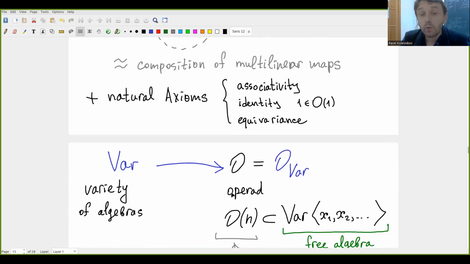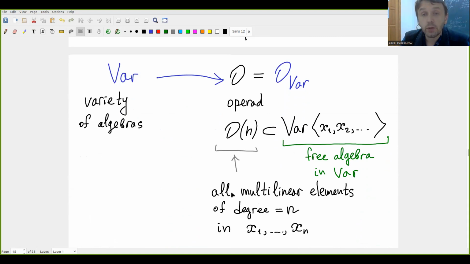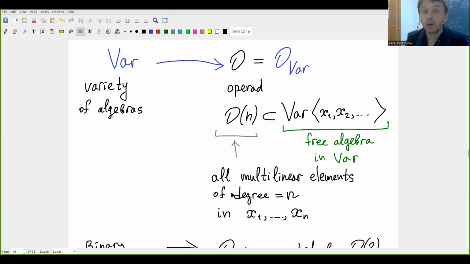So, for every variety of algebras, we may construct an operad. The corresponding operad is constructed in the following way. Consider the free algebra in this variety in a countable number of variables, and then choose all those elements that are multilinear of degree n, depending on the variables x1, ..., xn.